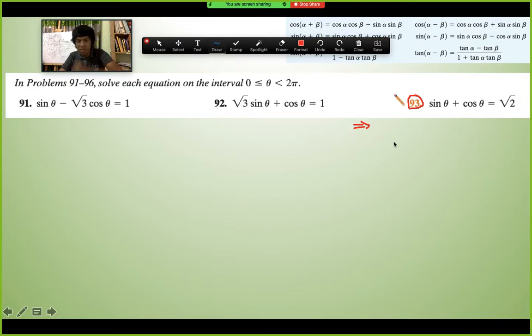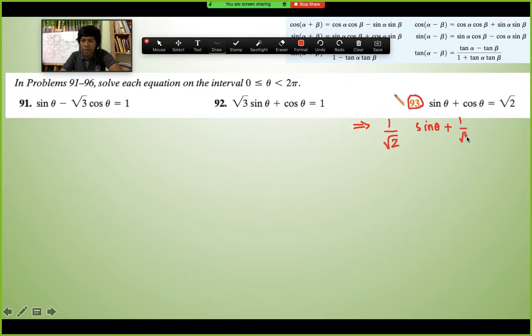But since we have no restriction here, we can multiply by 1 by root 2. Let's write 1 by root 2, so that there is root 2 here, and we can cancel it out very easily. They mean the same thing: 1 by root 2, then sine theta plus again 1 by root 2.